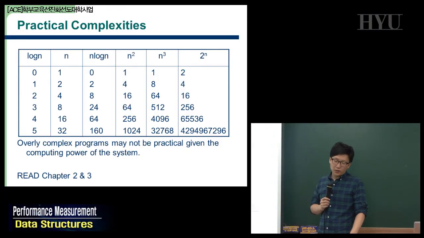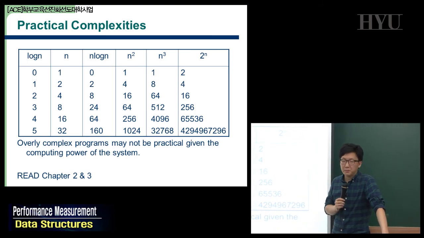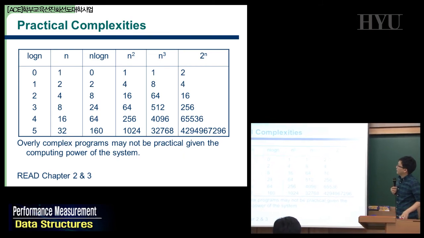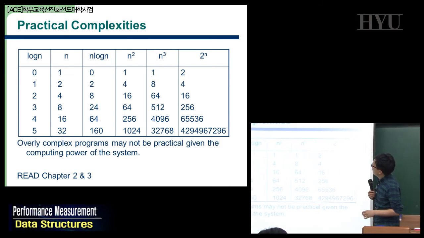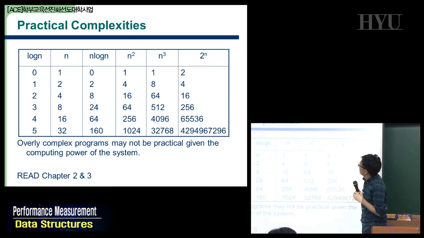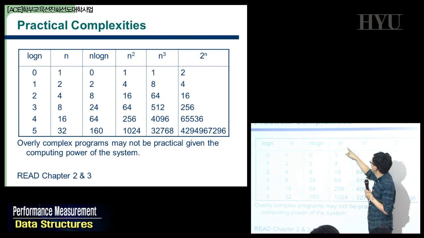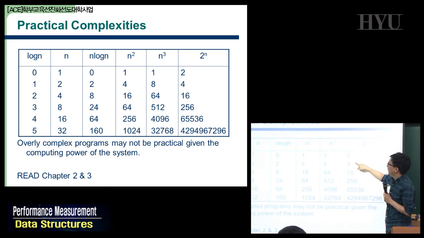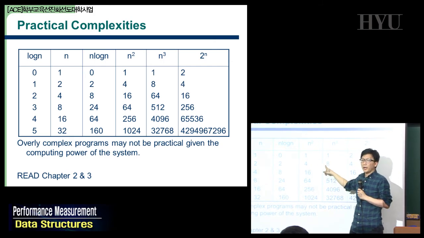And I know some people are still confused about what n is. If you plug in numbers for n, it might be easier. As n grows, log 2 of n is 1, 1, 1. If n is 1, 2, then 2 to the n is 2, 2 to the 2 is 4, 8.